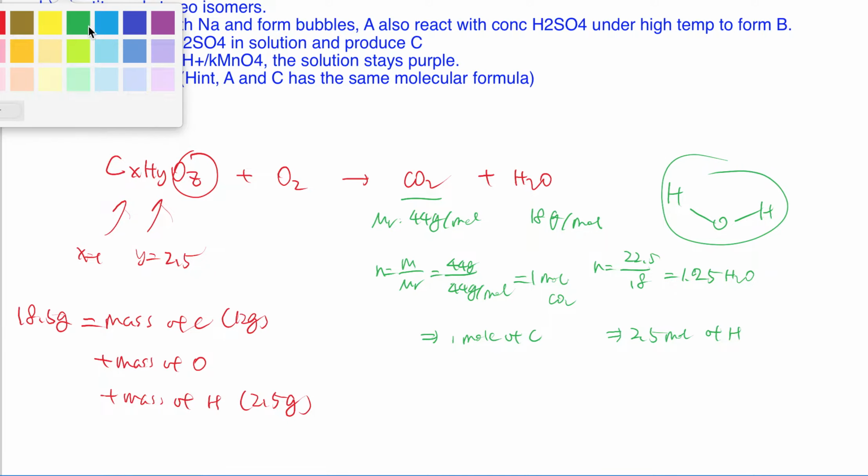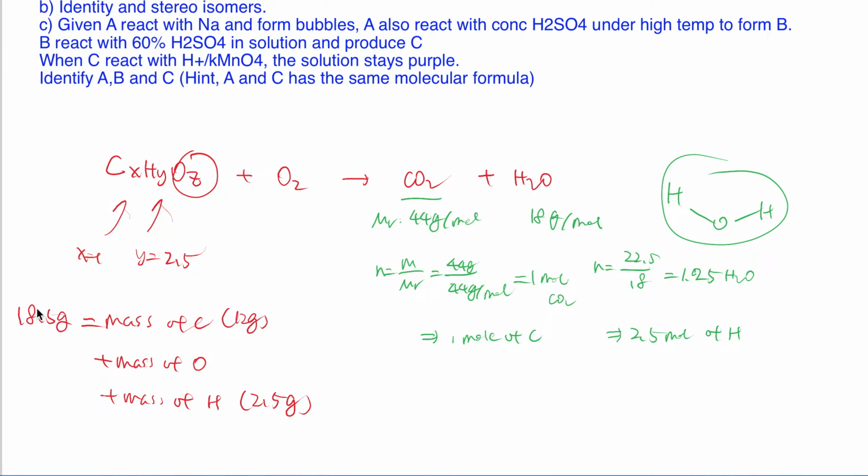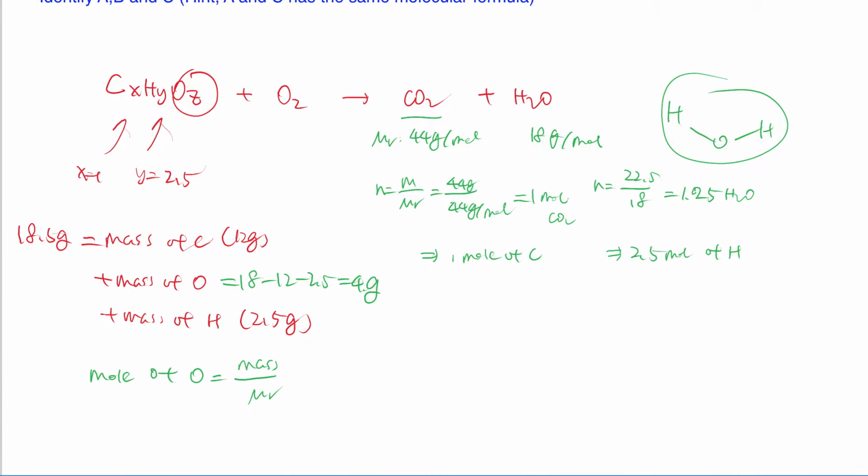Then you just use simple subtraction: 18.5 minus 12 minus 2.5 equals 4 grams. So the number of moles of oxygen equals mass divided by molar mass, which is 4 divided by 16, which is 0.25 moles.